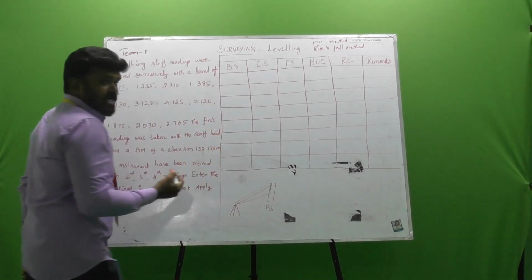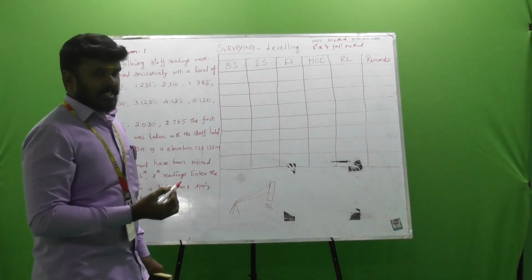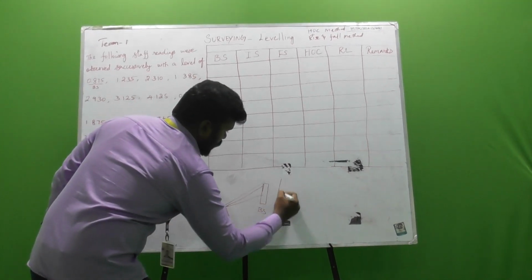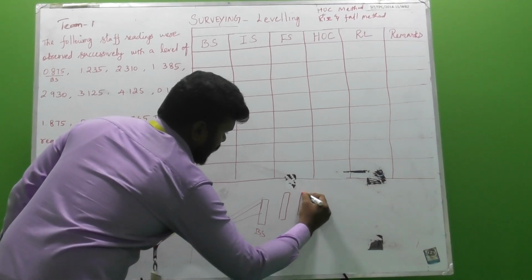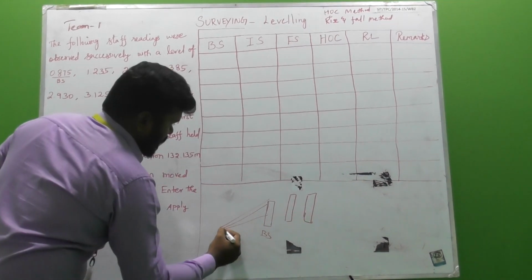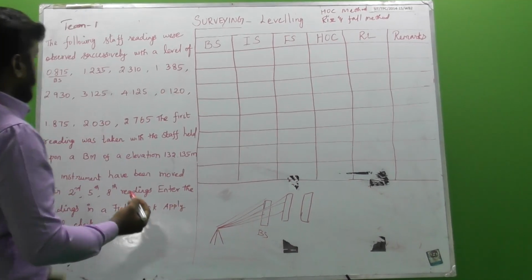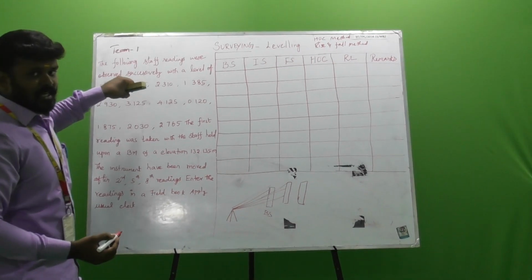Then IS. IS is denoted as intermediate sight. After the BS value, we have to take the intermediate points. That reading is called the intermediate sight.